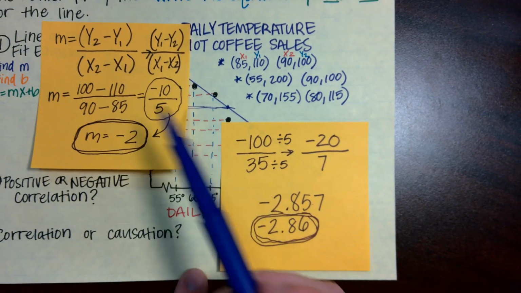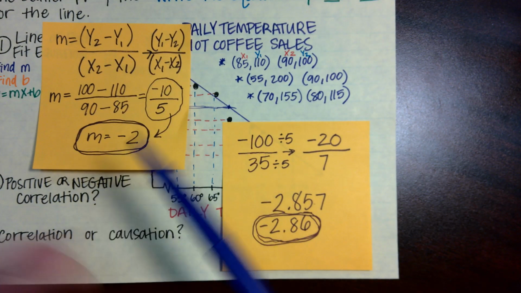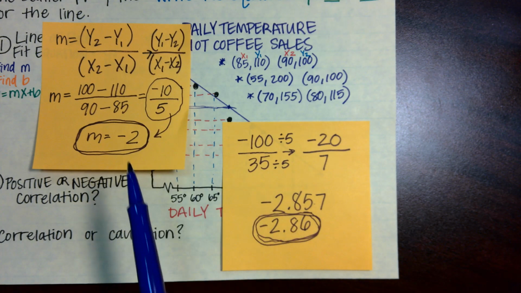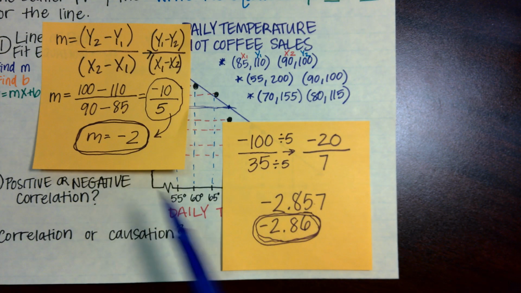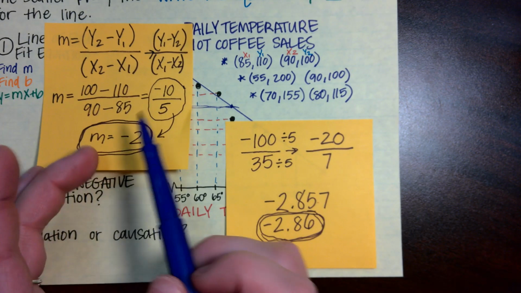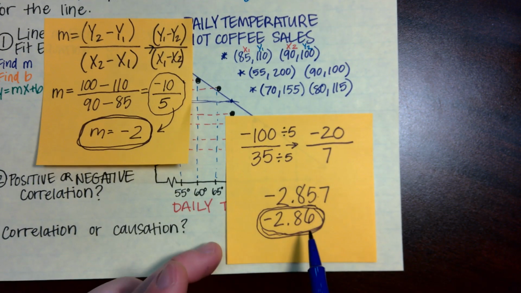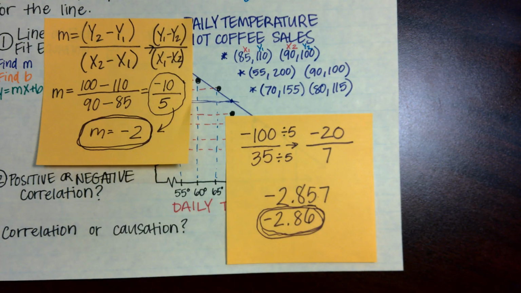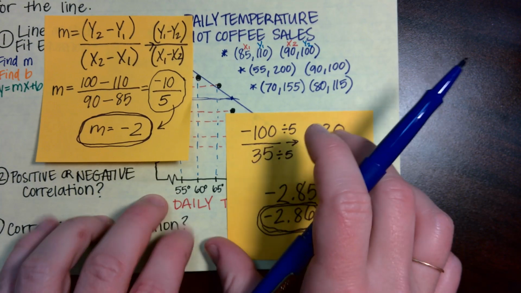But if you notice, all of these answers are going to be very similar, usually within about 1. So we might get something as low as negative 1, or as high as negative 3. But as long as they're similar, they're in the same realm.